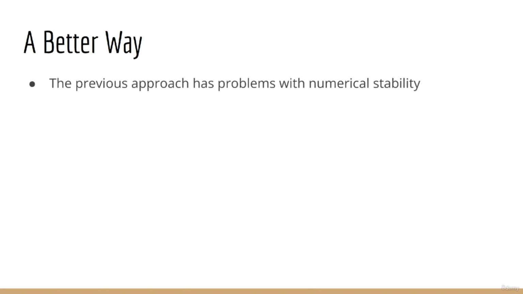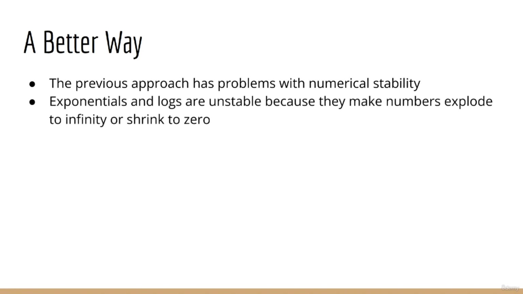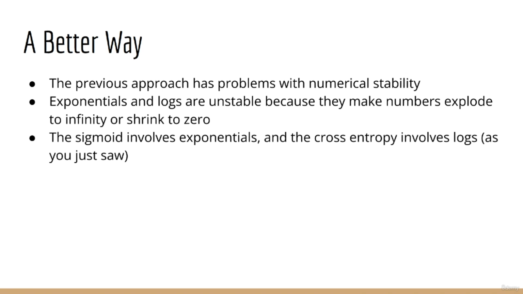Now, because of numerical stability, we will actually not use the syntax I just showed you. That was for intuition only. In practice, we're going to do something a bit more complex. Intuitively, we know that functions like the exponential and the log are unstable because they make things explode or shrink to zero. It turns out that the sigmoid involves exponentials, while the binary cross entropy involves logs, as you just saw.